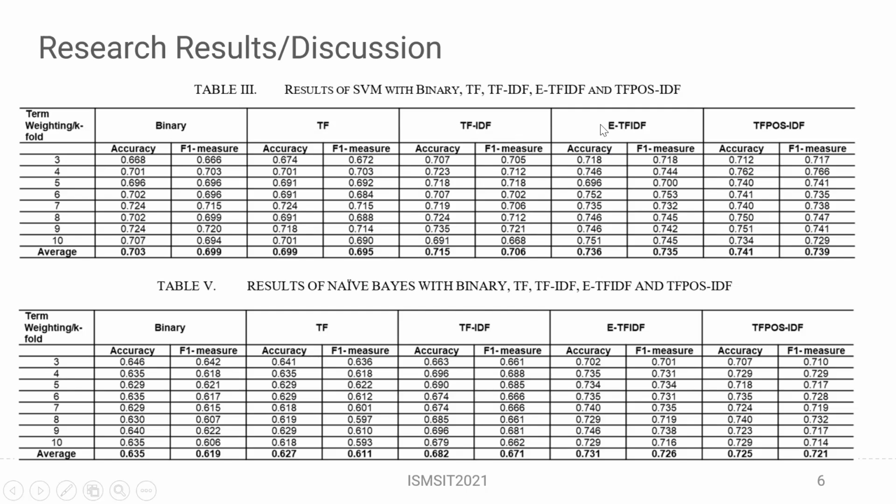Obviously, when you compare SVM and naive Bayes, SVM gives a better accuracy compared to naive Bayes.